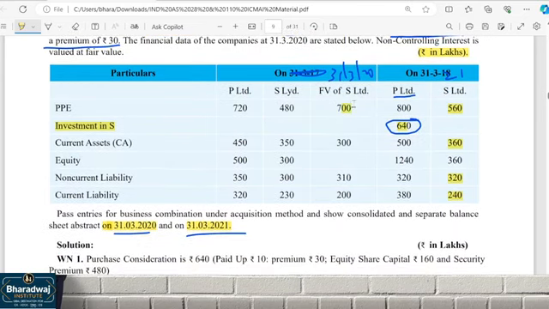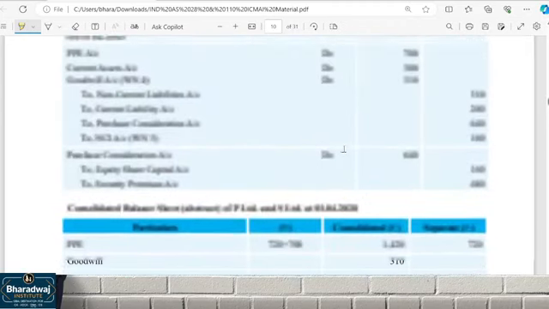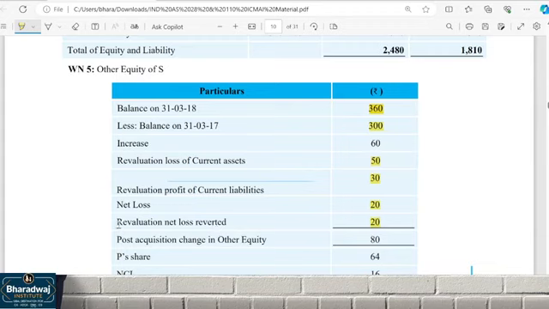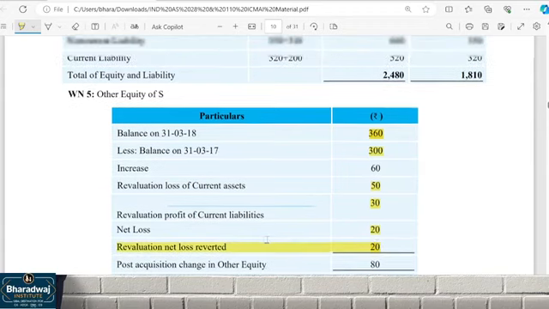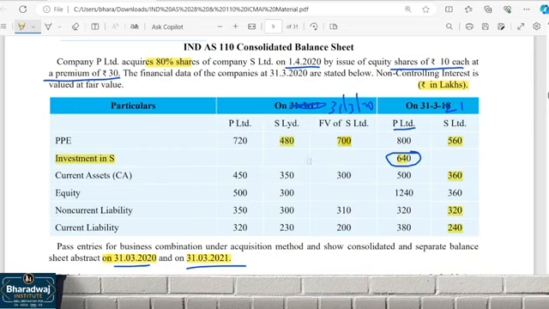It is not the holding company, it is the subsidiary company's. Fair value of which company? Yes, limited. Check in the solution, let us see if there is any error. Valuation loss reverted. Okay, wait, let us see.